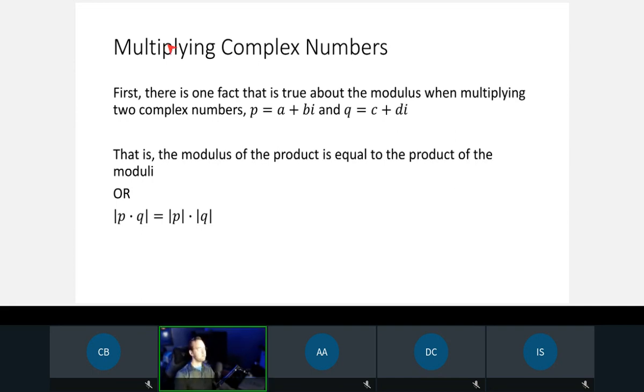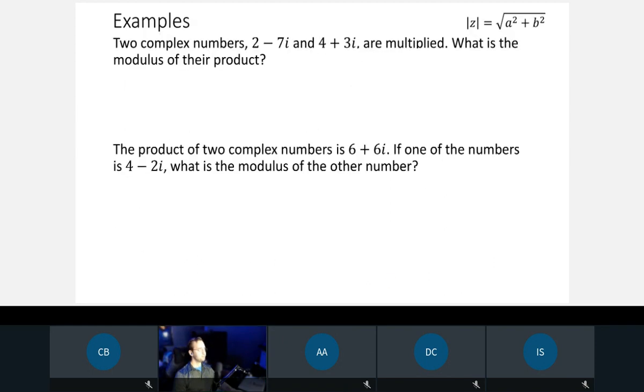Very good. And I have that hidden under a white box. Tricky, I know. Hopefully all of you remember modulus and absolute value mean the same thing for complex numbers. So the modulus of complex number z is equal to the square root of a squared plus b squared. So remember that. All right, let's look at a couple examples here.